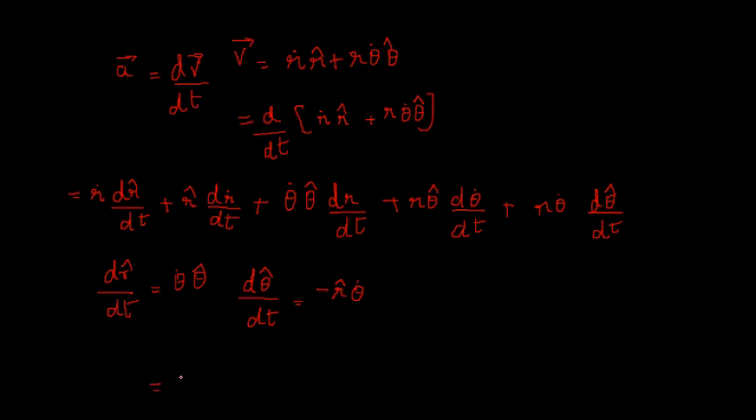So this will be r dot theta cap plus r cap into dr dot by dt, which would be r double dot, plus theta cap and dr by dt I can write as r dot, plus r theta cap, d theta dot by dt is nothing but theta double dot, plus r theta dot. And d theta cap by dt is minus r cap theta dot.